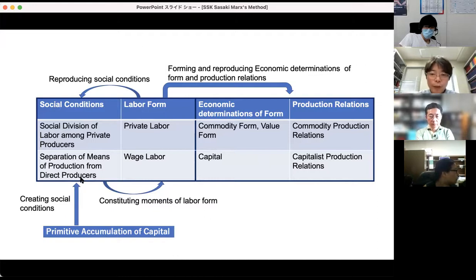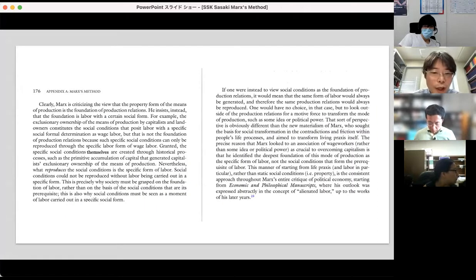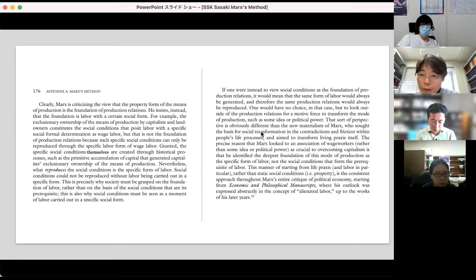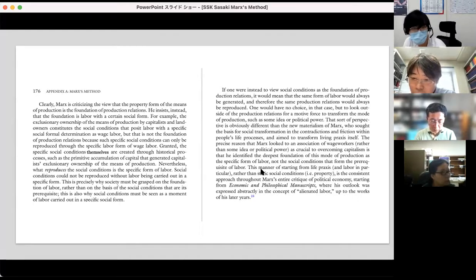Regarding this, I wrote on page 176, on the right side, middle: this manner of studying from life praxis and labor in particular, rather than static social conditions, is the consistent approach throughout Marx's entire critique of political economy.